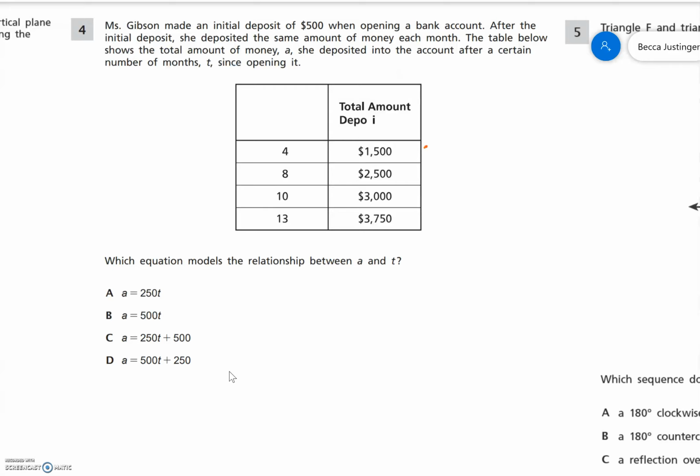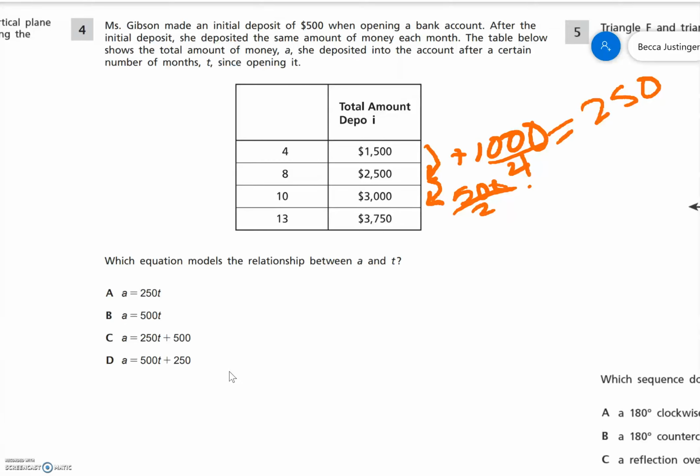So if you look, the increase each time is plus 1,000, and that was between 4 months. So 1,000 divided by 4 is 250. Then between 8 and 10, it's an increase of 500, but that was only between 2 months. So again, that's 250.